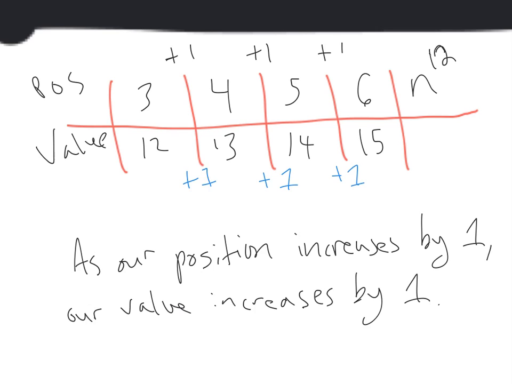Okay, and to figure it out, let's see, the 12th term. The 12th term, you would just add, let's see, we had to add 6 to get to 12. So I'm going to add 6 to get 15 plus 6, and that would just make 21. So 21 would be the value of the 12th term, or the 12th position.